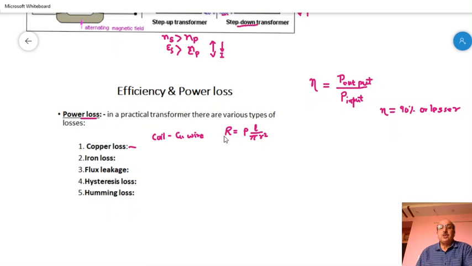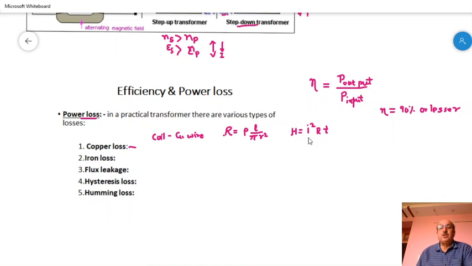Because of this resistance of coil, there is a loss of energy in form of heat, and H is equal to I square RT. So more the resistance, more the heat generation, that is more the copper loss.